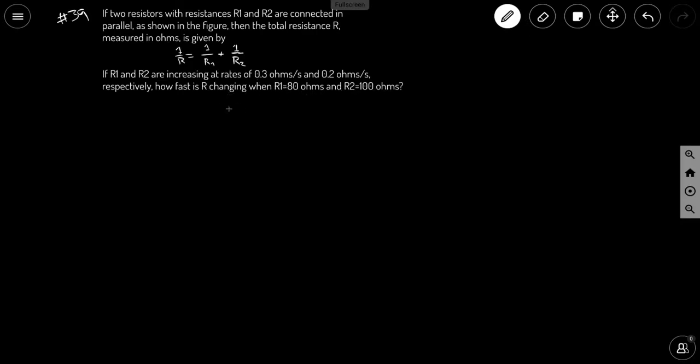Okay, so for this problem, we're going to need to differentiate this equation, but first we need to solve for R since we're given R1 and R2, so I'll go ahead and start off by doing that.